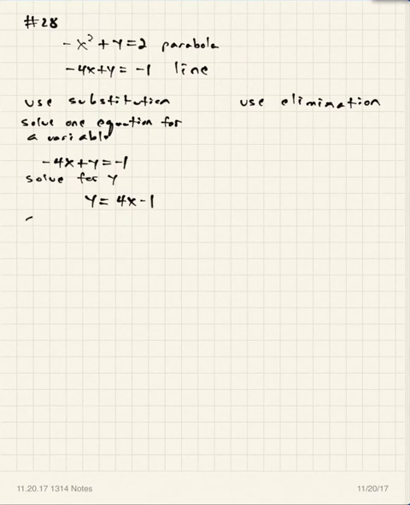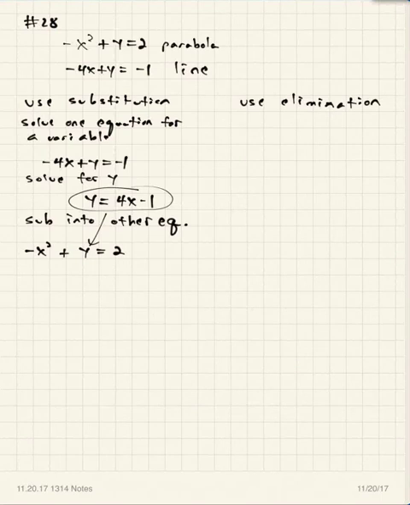So now what do you do? You substitute into the other equation. So I'm going to write the other equation down again. You have negative x squared plus y equals 2. But in place of y, you substitute 4x minus 1, right? Here's where I've solved for y. I'm going to substitute that in place of y right there.